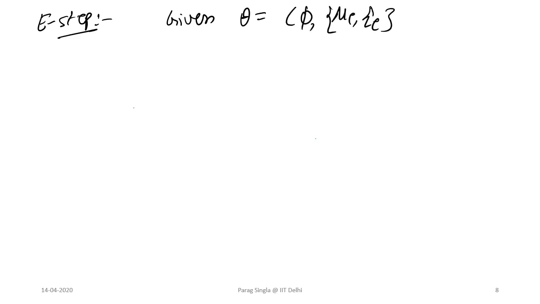Okay, so let us proceed with this E and M step formulation. Let us look at the E step in more detail, which is essentially saying that given the theta parameters, which are phi, mu L, sigma L for L equal to 1 to k, figure out what the zi's are.